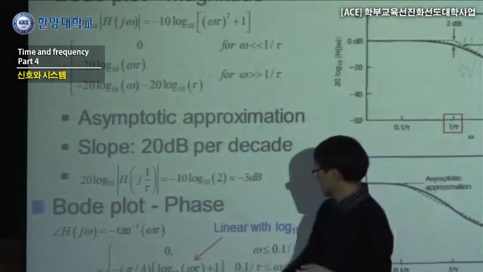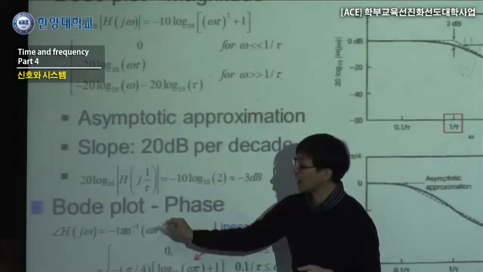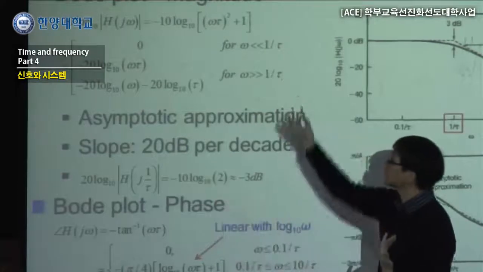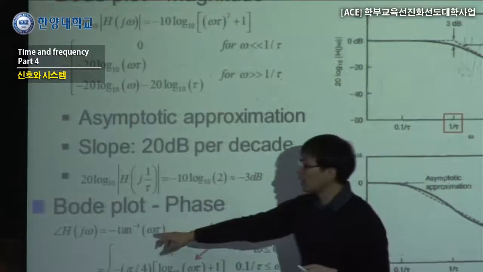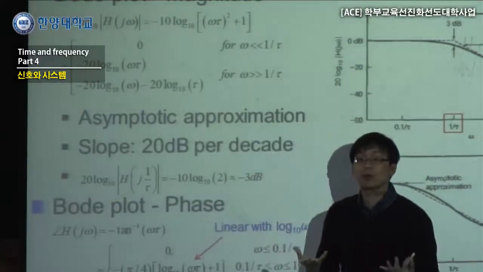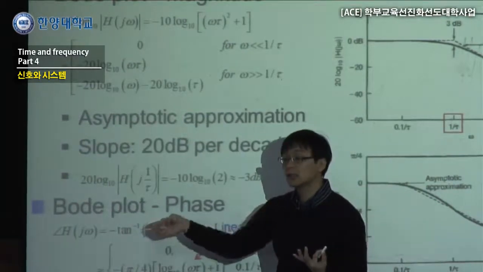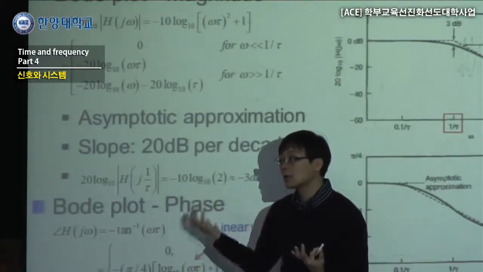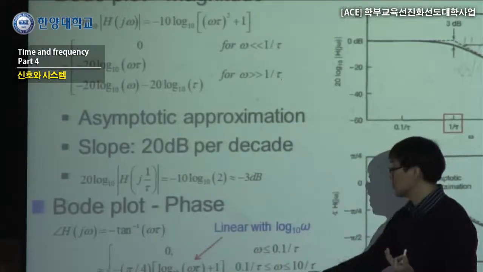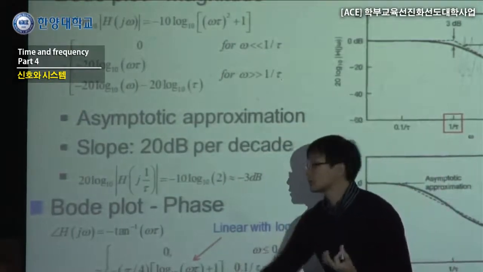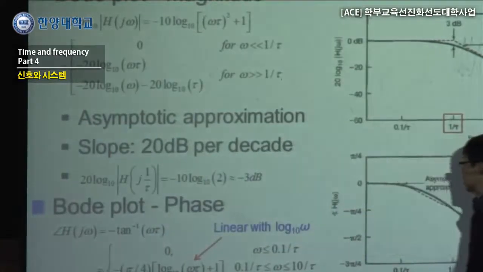If the value is much bigger, omega becomes a very large value, then omega tau is a very big value, which may go to infinity. Then tangent theta is close to infinity. Theta is what? Pi divided by 2. So we have minus over here, so it will be minus pi divided by 2.